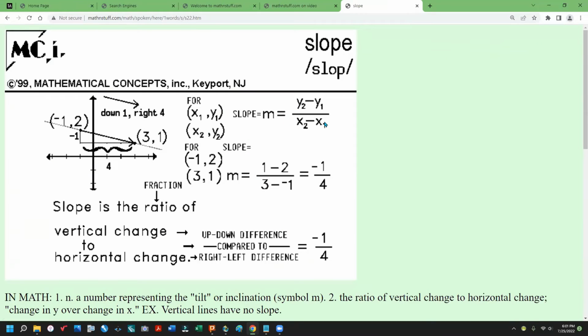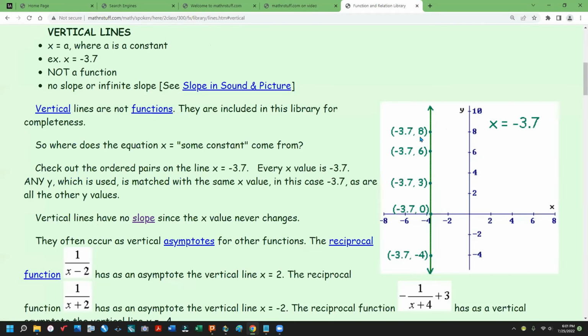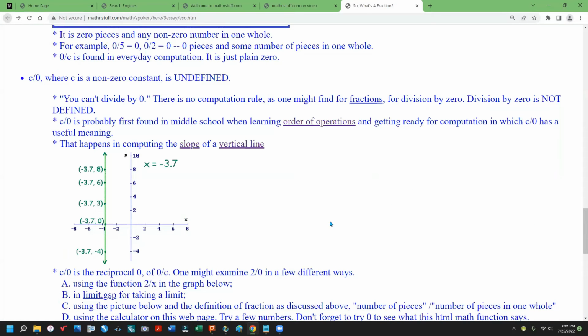rise over run, y2 minus y1 over x2 minus x1. There's a vertical line. Every single x value on the line is the same. The y values change.